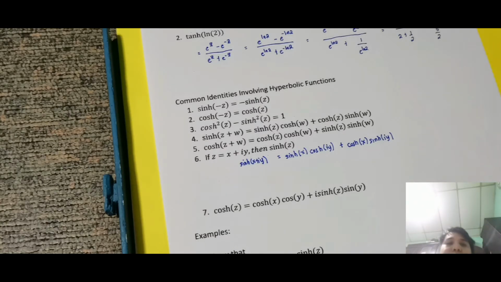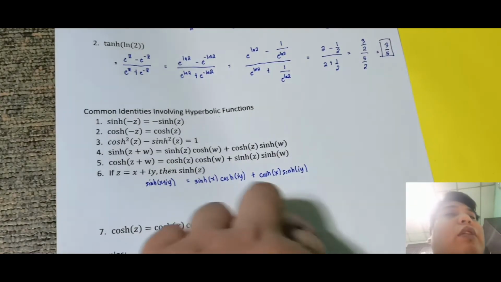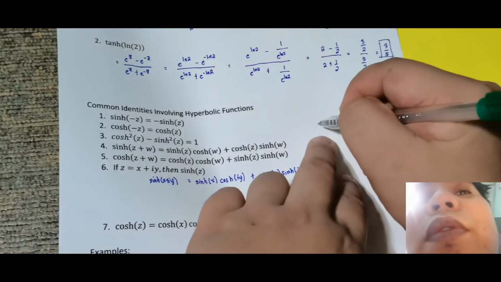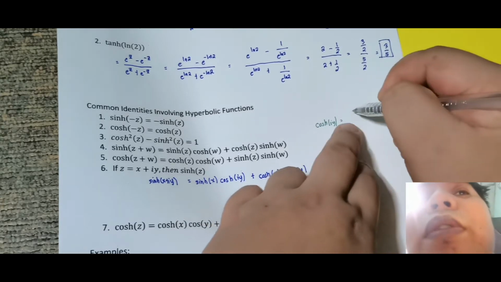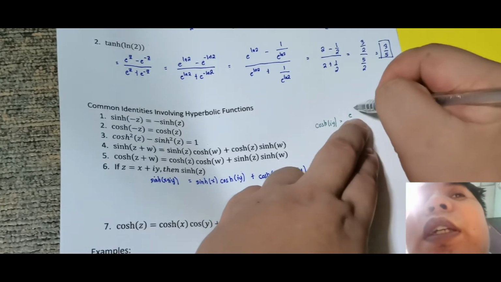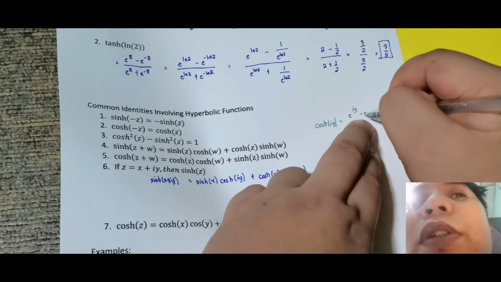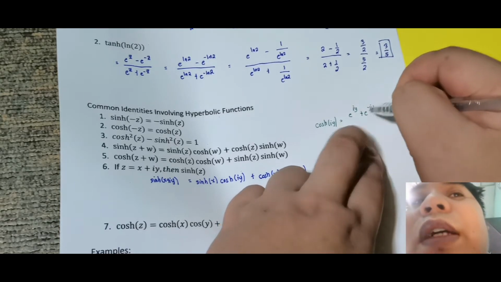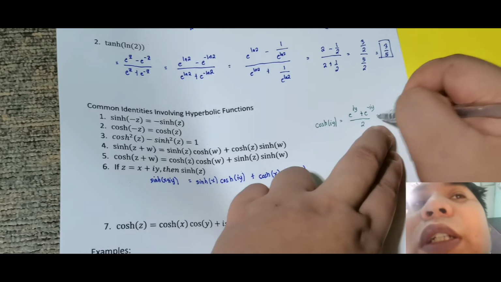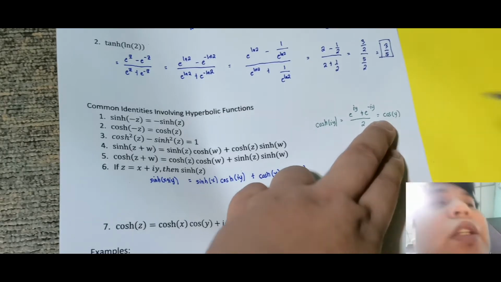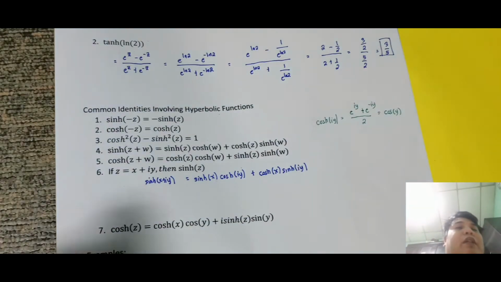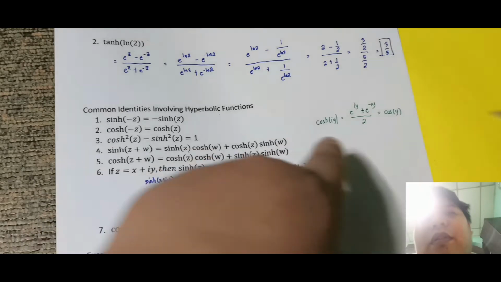Pag check natin, cosh of iy is simply equivalent sa e raised to iy plus e raised to negative iy over 2, which is equal sa cosine of y.